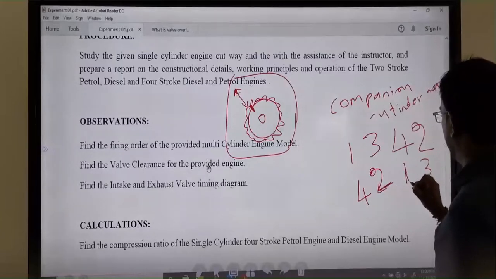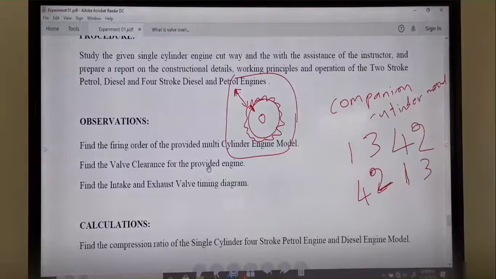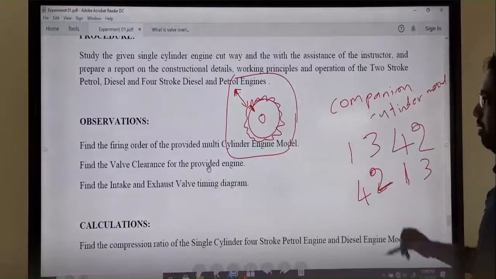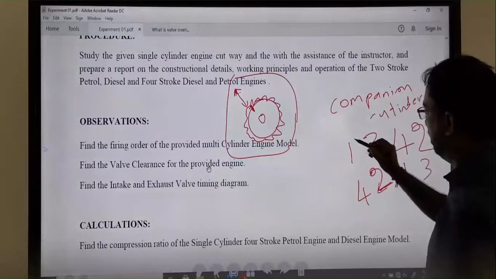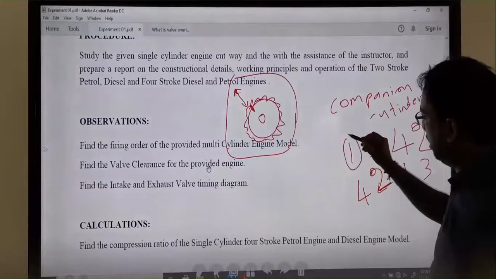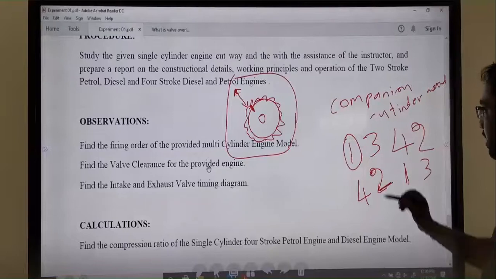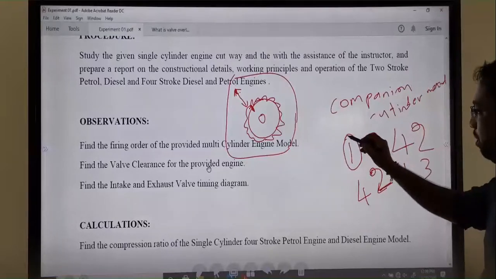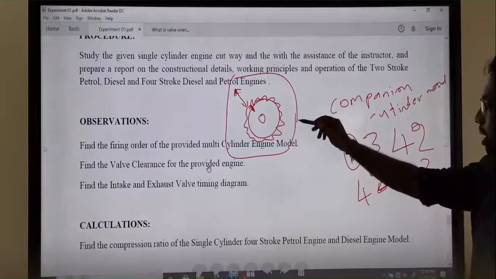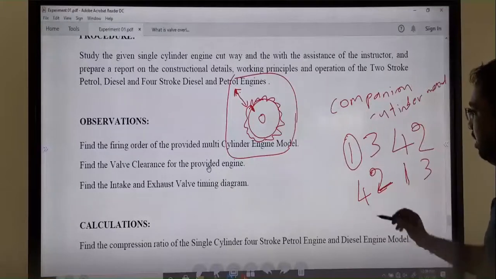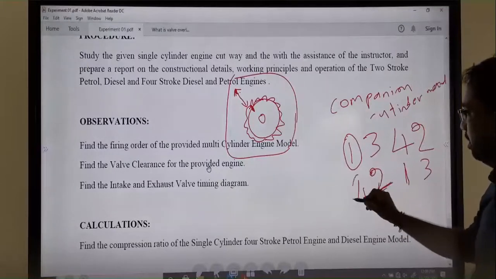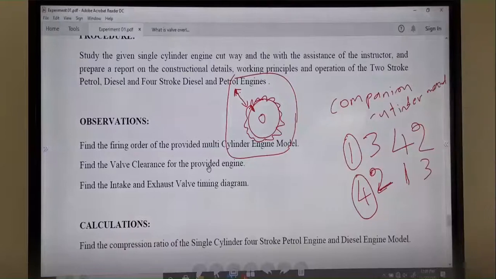That means when the first cylinder's 2 valves are fully open, at that time we have to adjust the fourth cylinder's 2 valves.